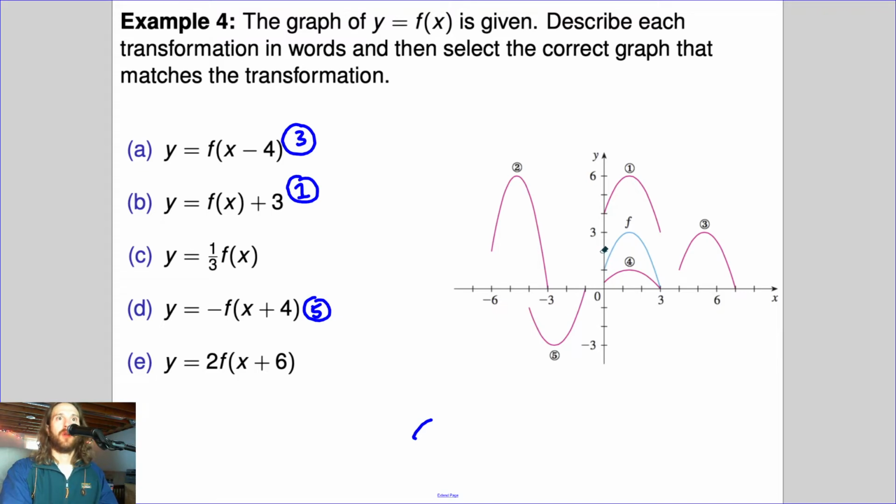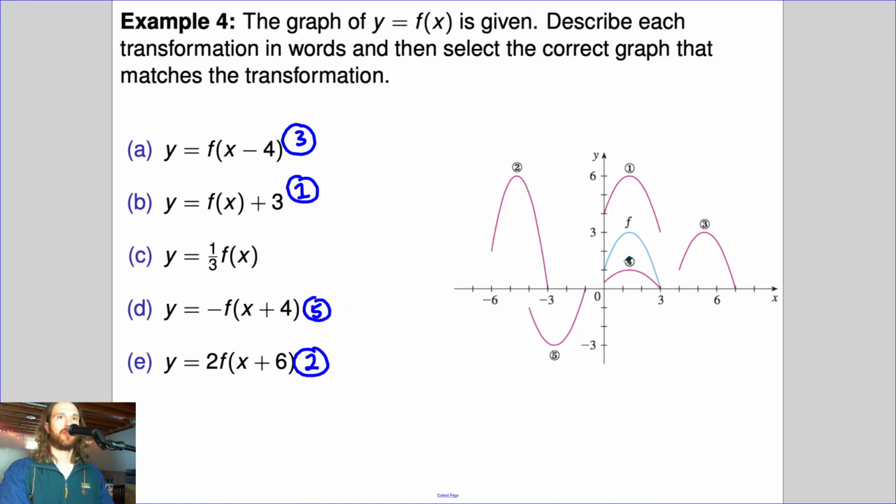So if you double all the heights, that point goes to there. This point stays here. This is at 3. That would go up to 6. So the graph is going to look something like this. Well, that's exactly the same as this, except that's been shifted to the left 4. So I think we just found what we were looking for. We did find what we were looking for, you two. Deal with that. So that's graph 2.